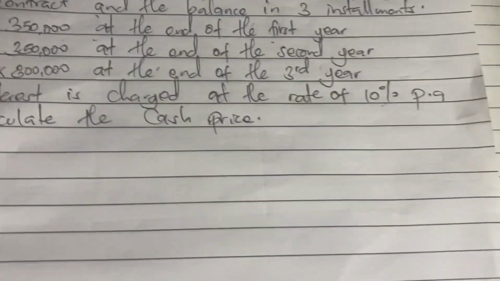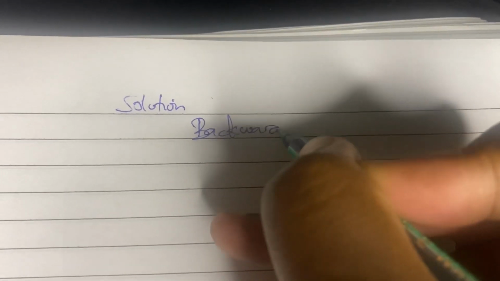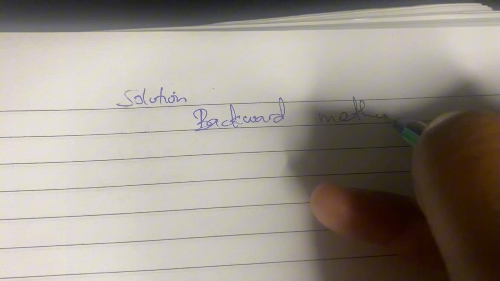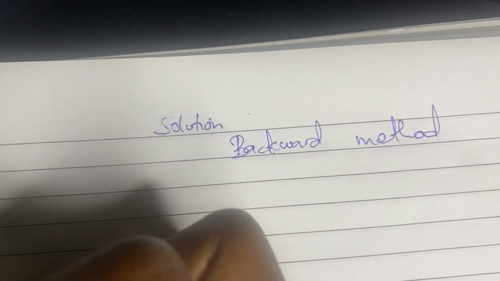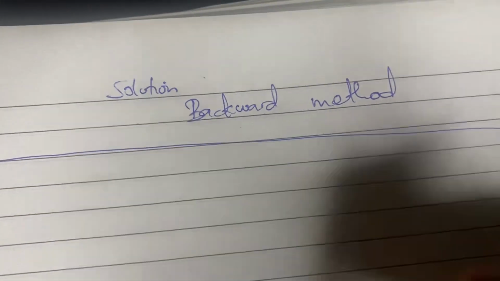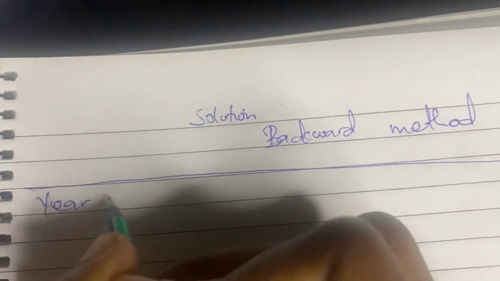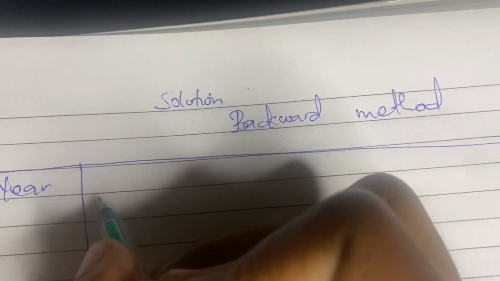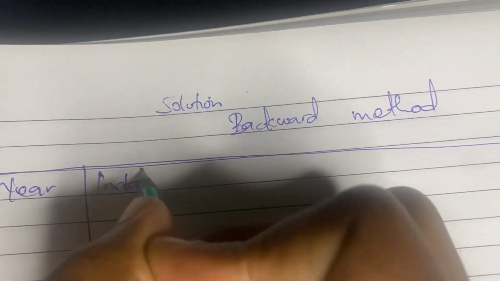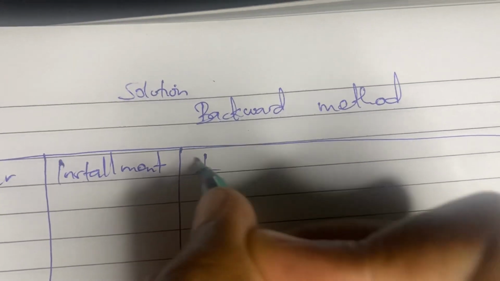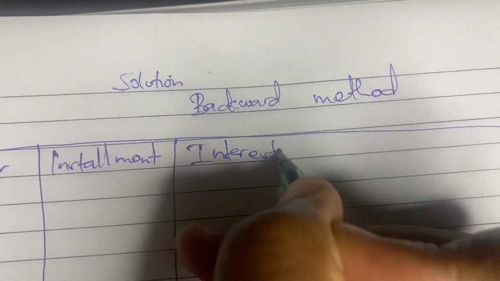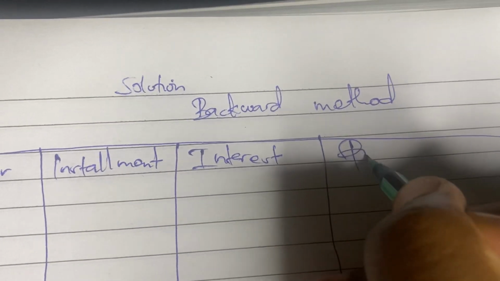So how do we handle this question? When we are calculating for the cash price, we use the backward method. So we draw the table where we have the year, then we have the installment, then we have the interest, and lastly we have the principal.